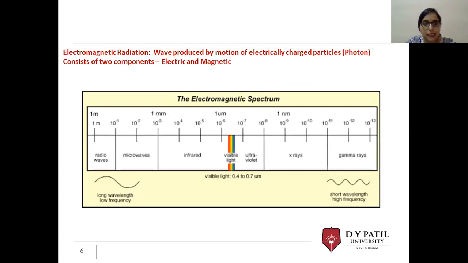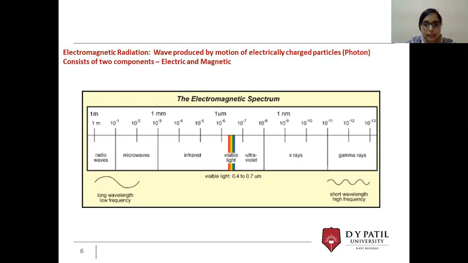As you can see, from 1 meter, then microwaves, then it is 10 to the power minus 1 to 10 to the power minus 3, then we have infrared 10 to the power minus 4 to 10 to the power minus 5, then we have visible light which normally our eyes can see, 0.4 to 0.7 micrometer, and then we have ultraviolet, x-rays, and gamma rays.